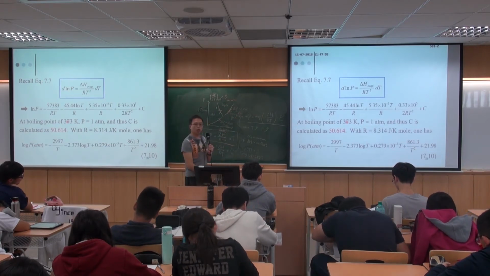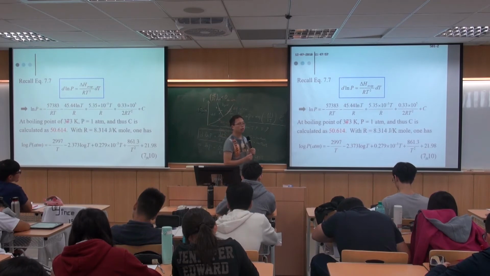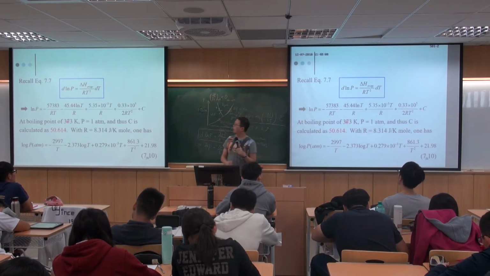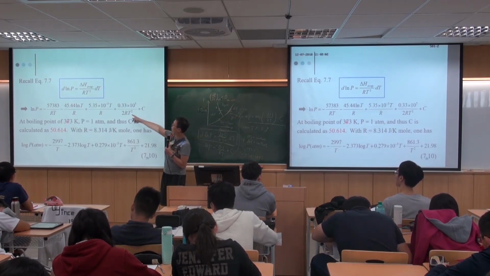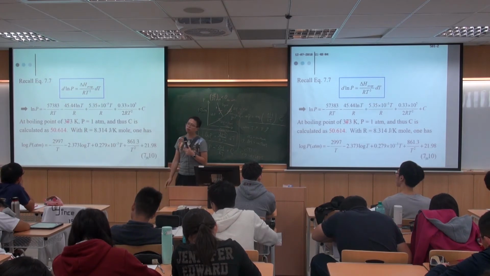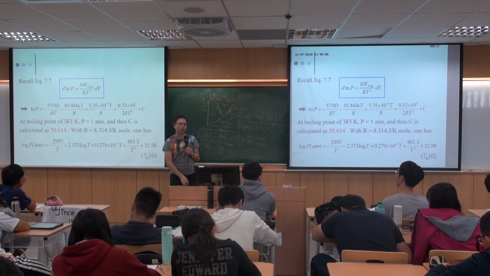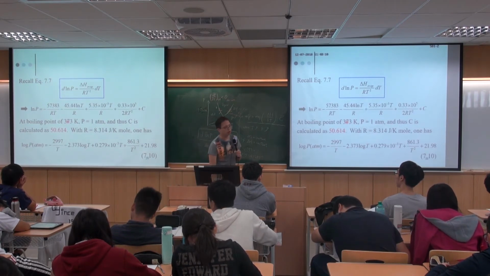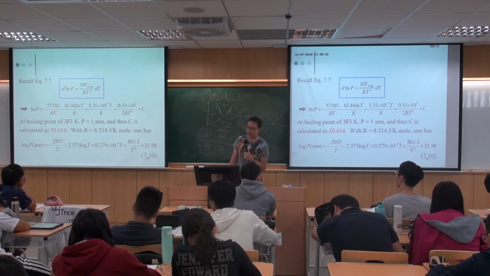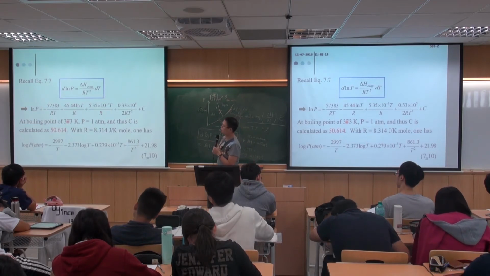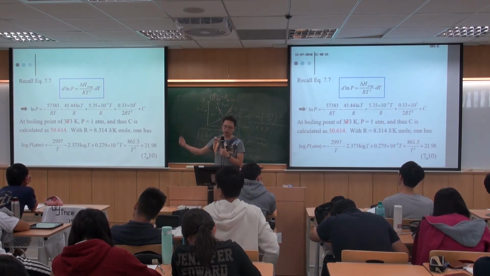So then you know what you should plug in to calculate the constant C, right? Over here, for temperature, you plug in 373 Kelvin. And on the left-hand side, for the pressure, the log P, you should put in 1 atmospheric pressure, and then you can calculate C.